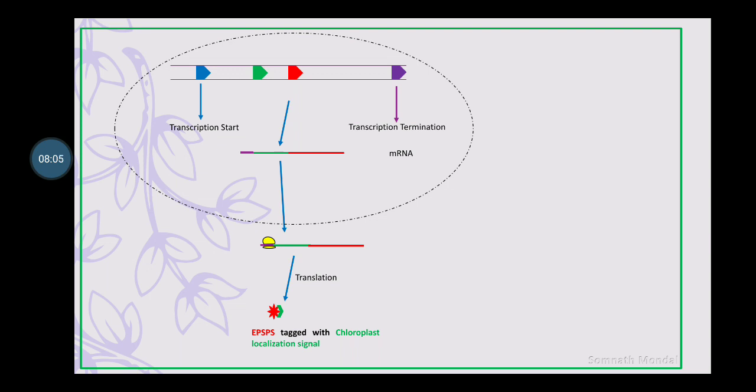Due to the presence of this signal, the EPSPS class 2 enzyme gets passage into the plant cell chloroplast. Now, why chloroplast? Within the chloroplast, the chorismate biosynthesis pathway takes place, which is going to be blocked by glyphosate.